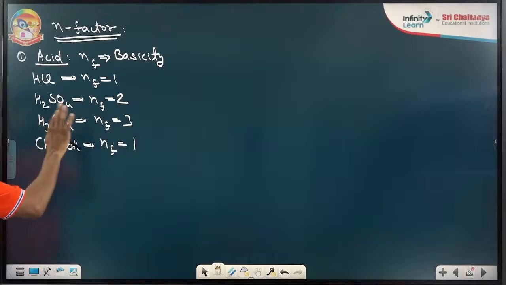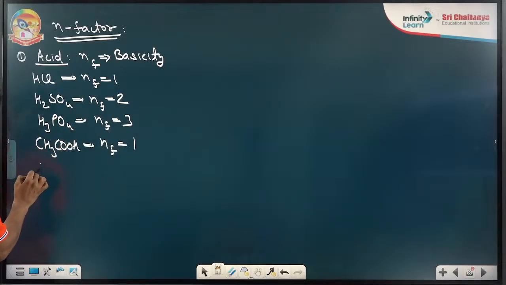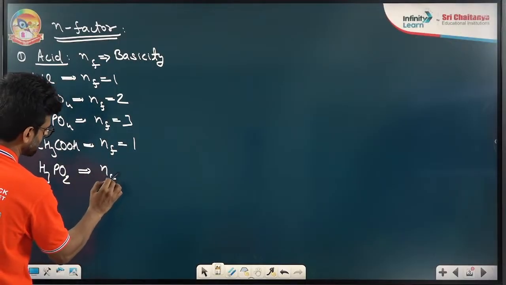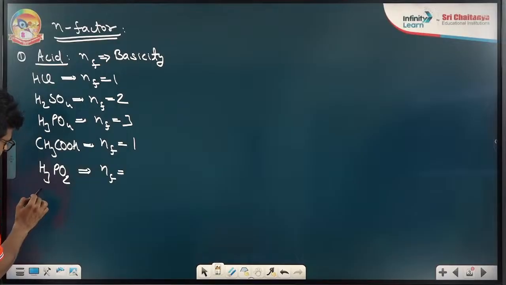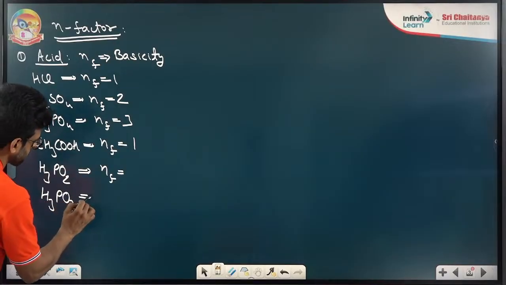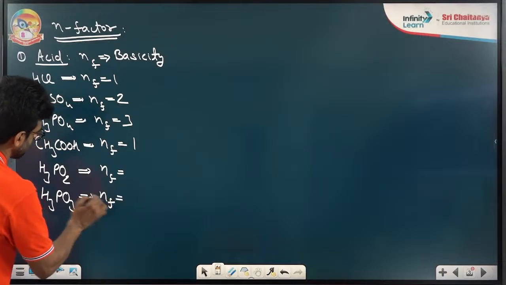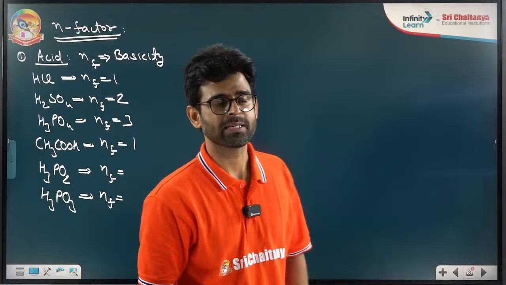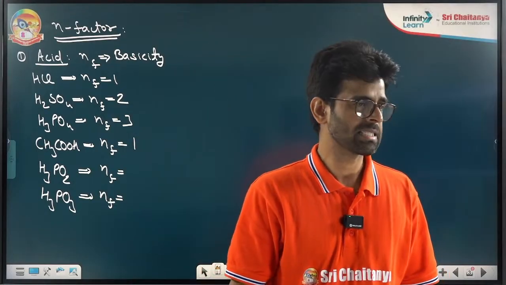Similarly, a very common example where students especially make mistakes: H3PO2. If someone asks you what is the n factor of H3PO2, can you tell me? And one more, H3PO3. Two things are there, H3PO2 and H3PO3. Please tell me what is their n factor. Yes, please try.